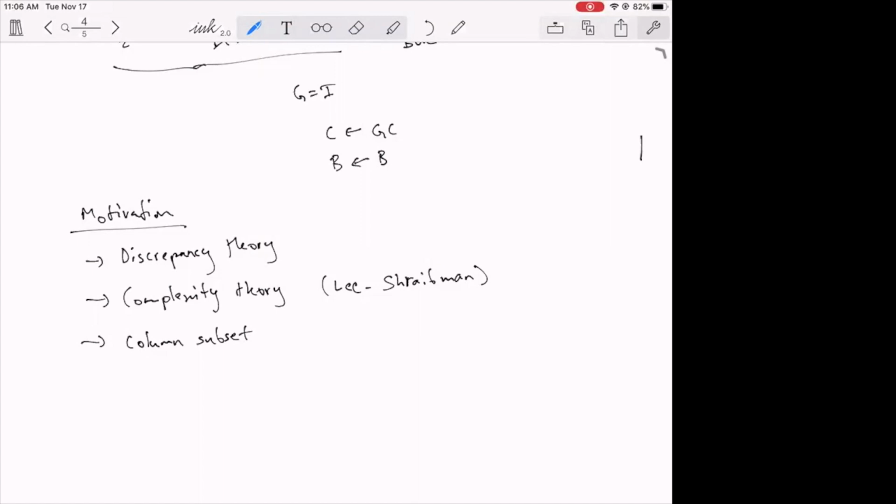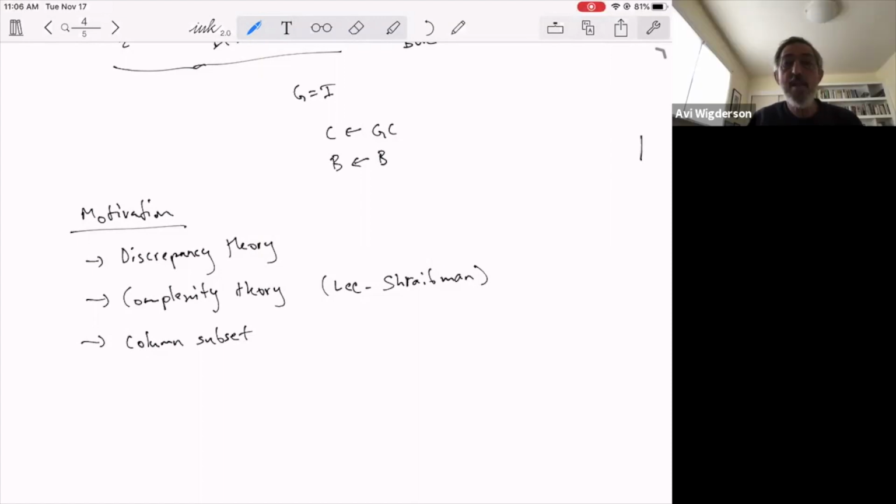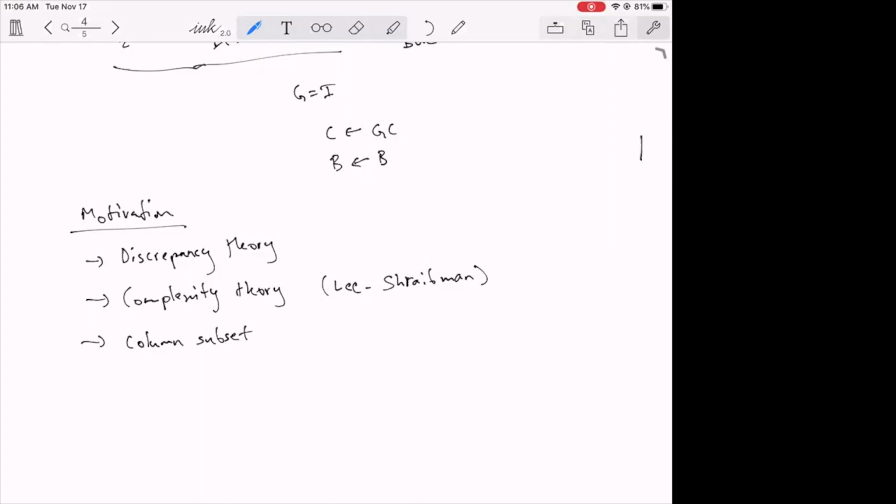Okay. Is there a relation to matrix scaling? Maybe. I mean, I was also wondering this, but I haven't gone very far with the thought.